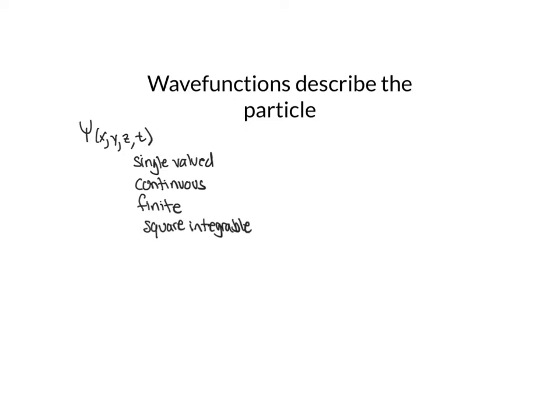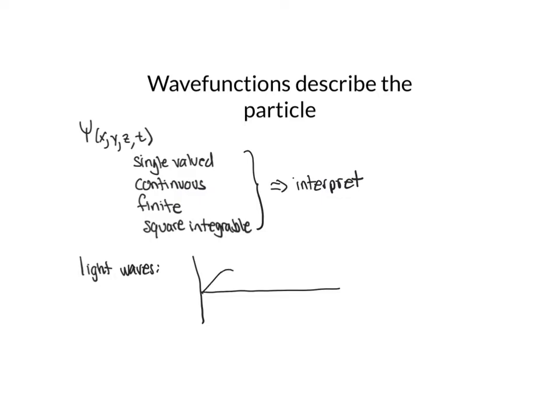The reason that our wave functions have to have these properties has to do with how we are going to interpret this wave function. So this wave function is a periodic function, typically, just like a light wave is a periodic function. So we typically think of light waves as being sines and cosines.